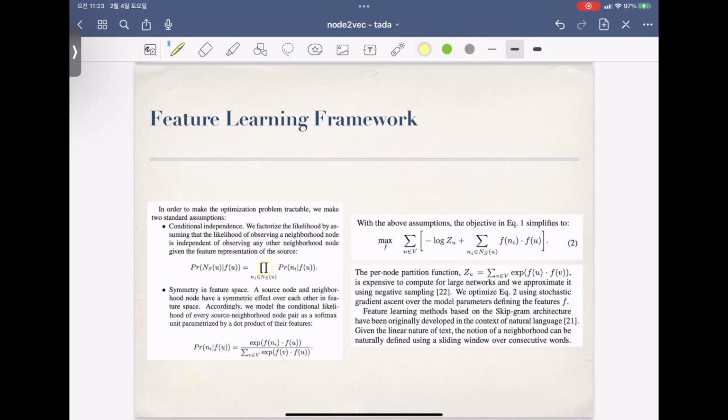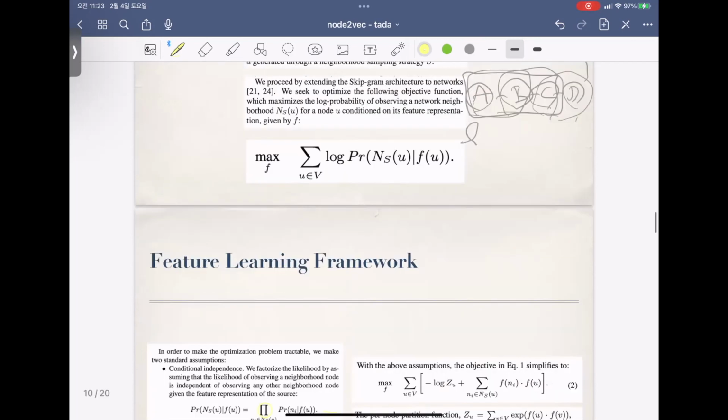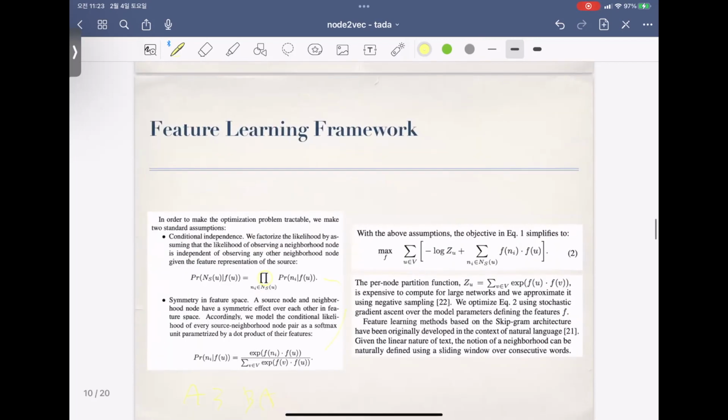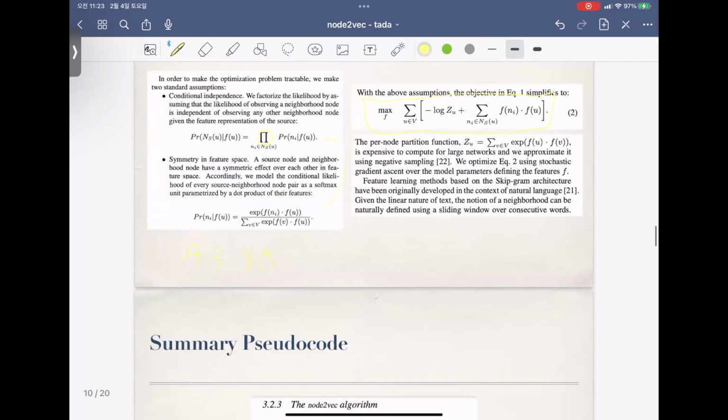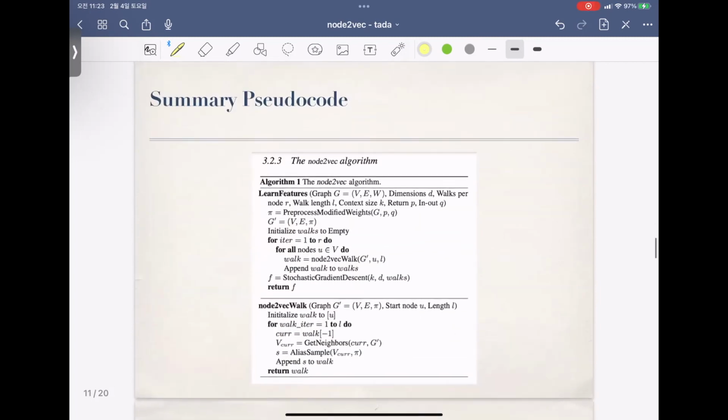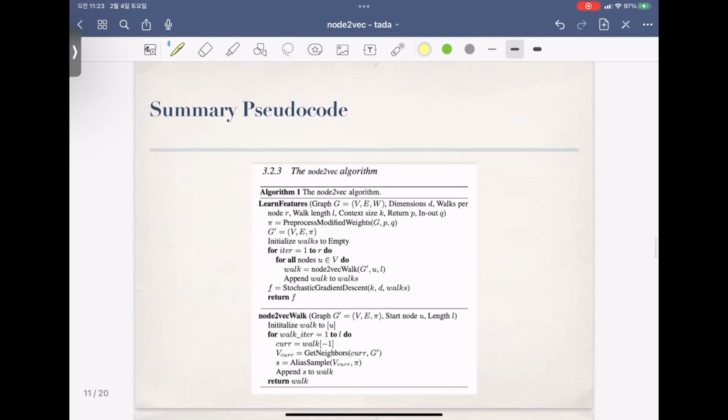So node A to B and B to A should have the same feature space. And these two equations and this equation over here are simplified to the final equation. And according to the skip-gram architecture and stochastic gradient descent, the network is trained.